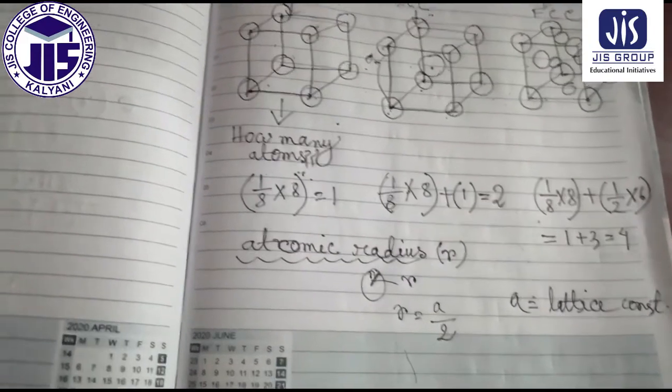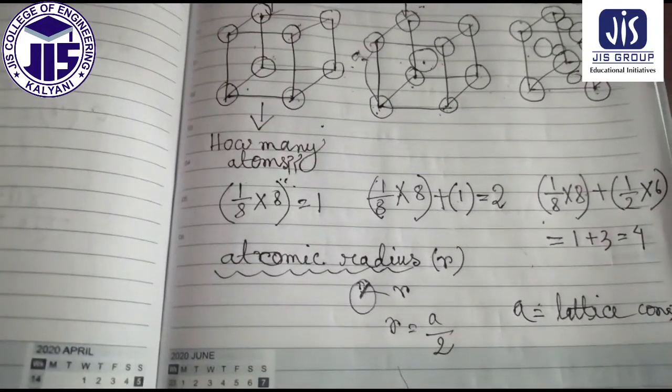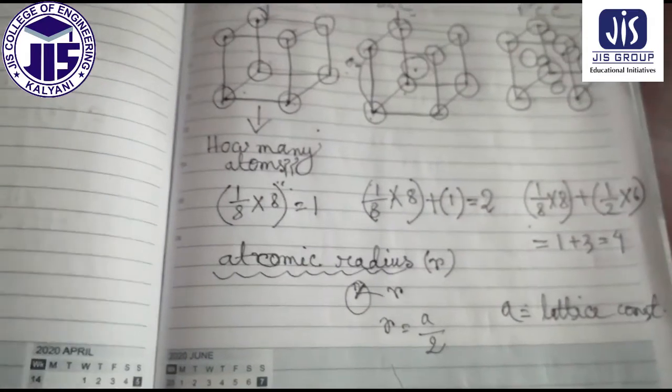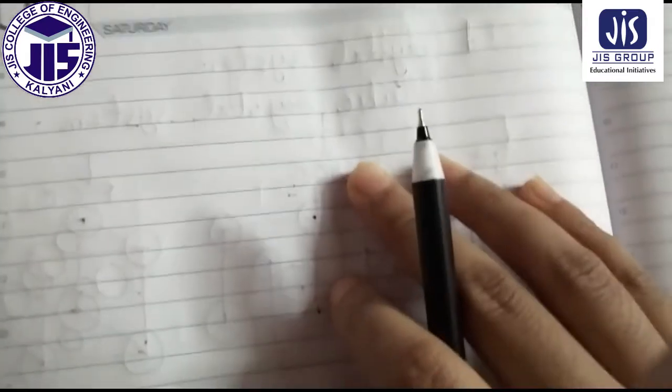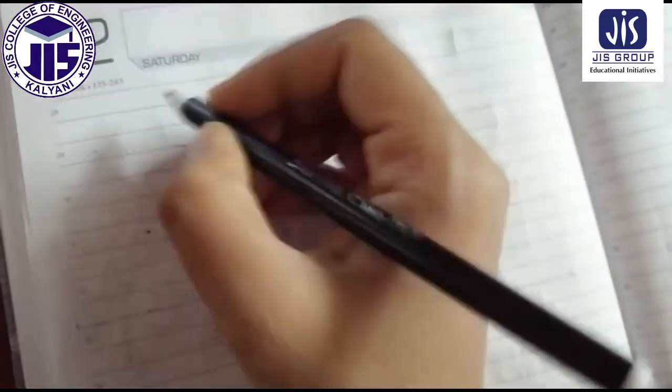Now today we will first derive some relations. We will derive the relation between R and A, that means atomic radius and lattice constant.